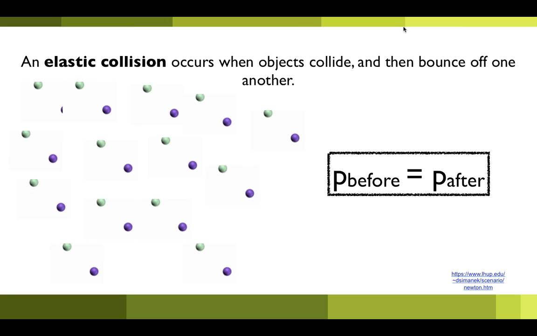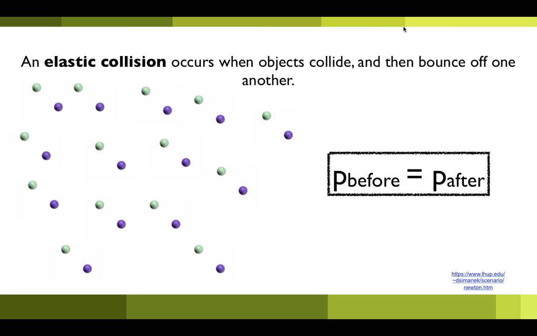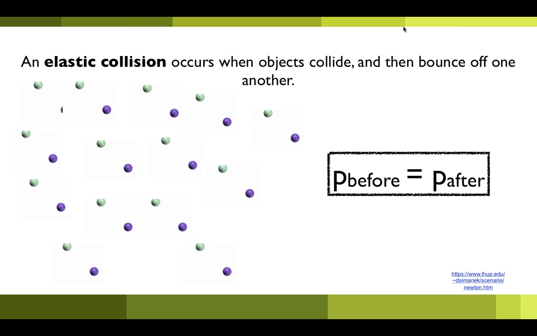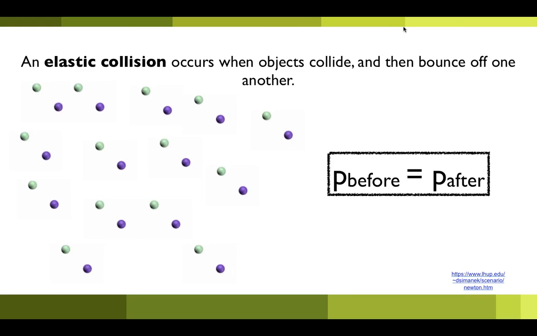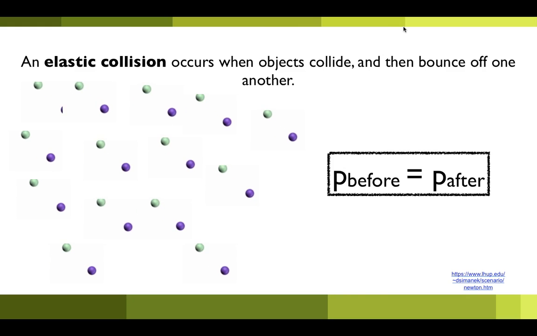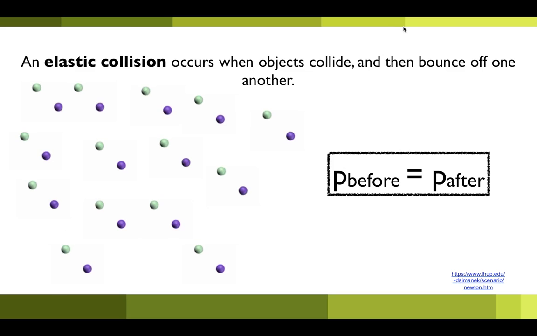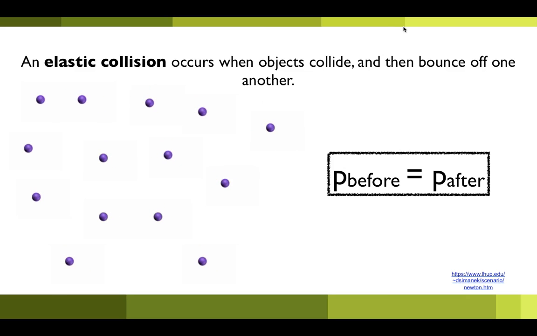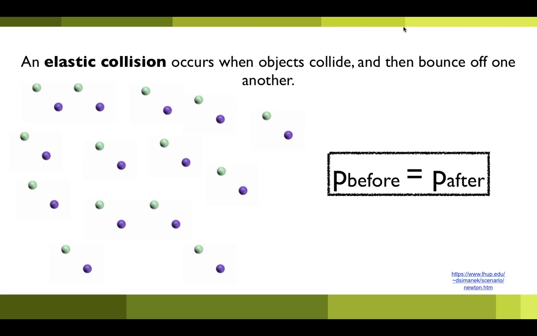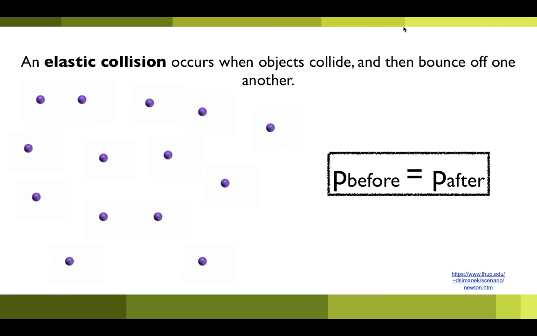So in my mind, I think of elastic and rubber, so that works as a way to remember it. Another good example of elastic collisions would be pool balls, because when they hit each other, they just bounce off. So in elastic collisions, the momentum before the two objects collide is going to be equal to the momentum after the two objects collide.